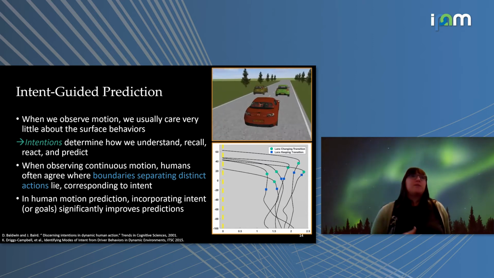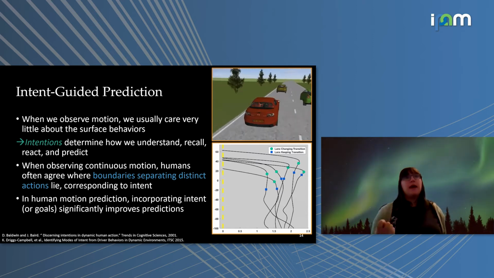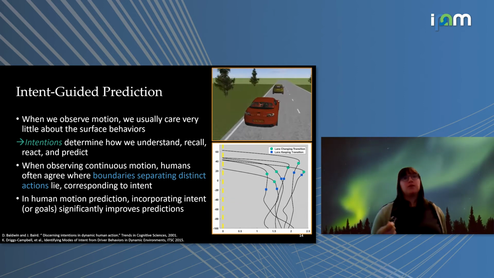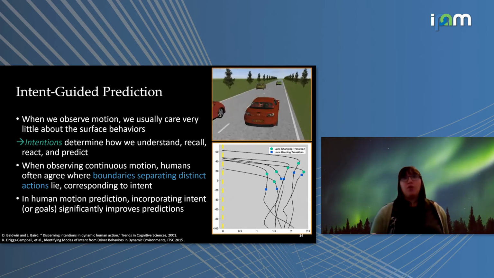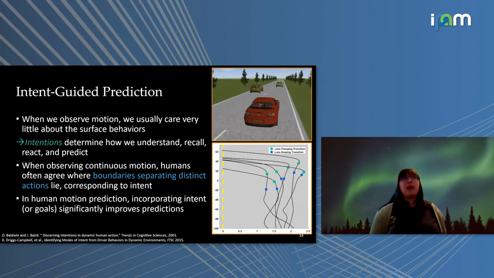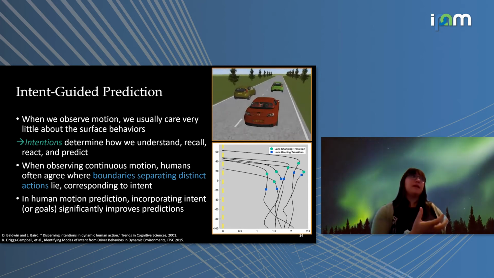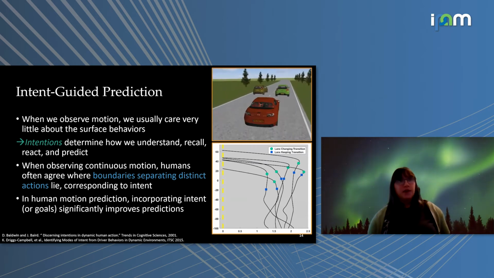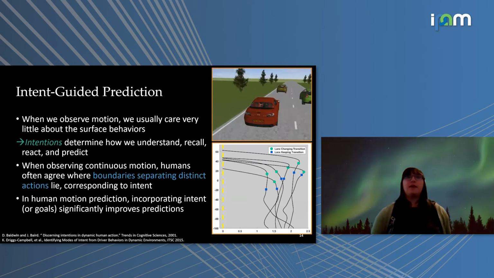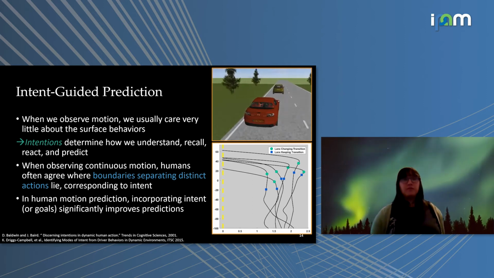And again, tying this back to motion prediction, we'll find that incorporating this intent or these goals can significantly improve predictions. So trying to capture this human insight can help us do better when we're trying to predict this motion, and hopefully in turn, we can use this to design better and safer systems.